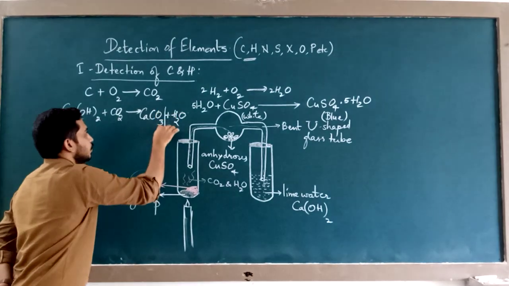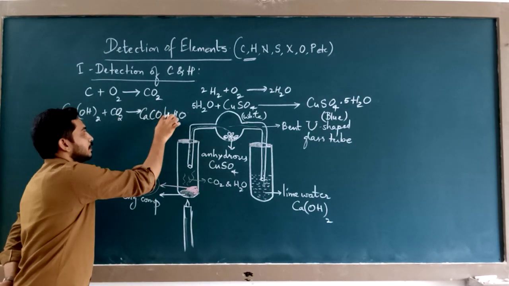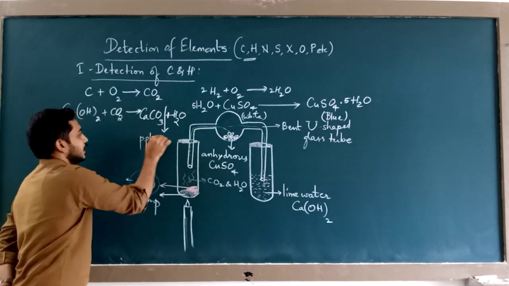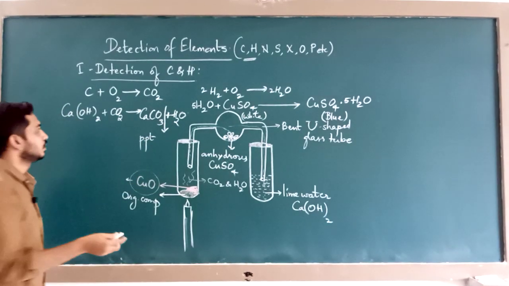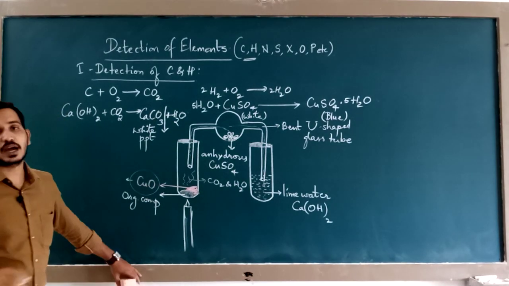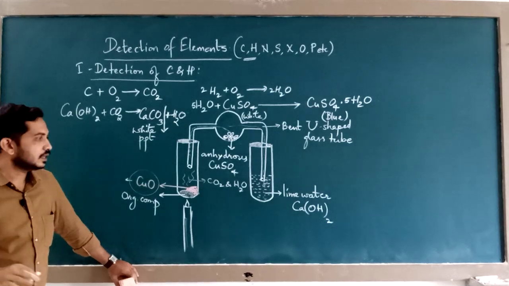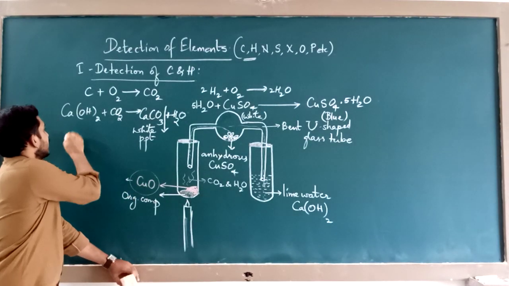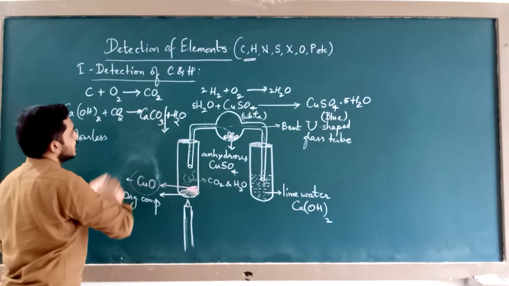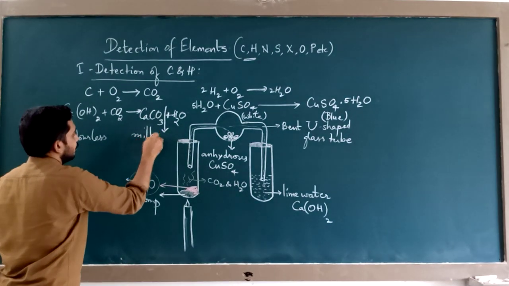This calcium carbonate gets precipitated. Remember, this downwards arrow indicates precipitate. It gets settled down. Now calcium carbonate is white. Initially, lime water is colorless, and this calcium carbonate will appear milky.